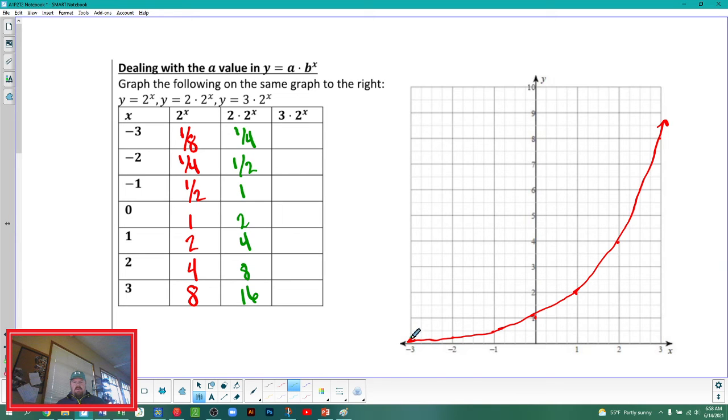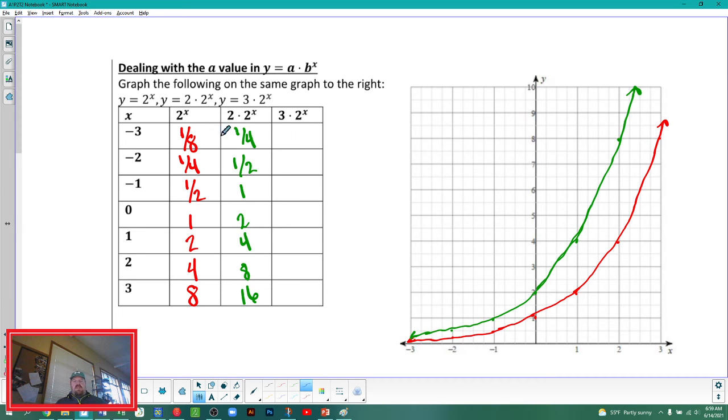So we have 1/4, 1/2, 1, 2, 4, 8, and then I'll miss 16. It'll be way up there. So it's going to make the graph kind of take off in this direction. And pretend that actually went through that point. And it looks pretty good.